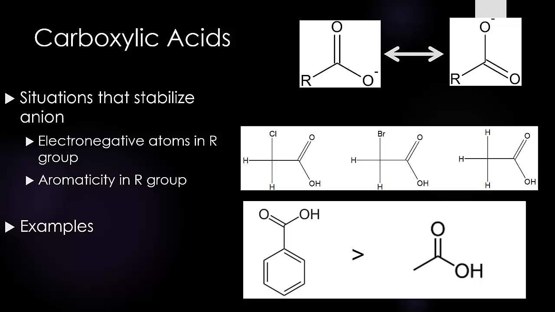And therefore, the acid with the attached chlorines is the strongest because the conjugate base is the most stable. Now let's look at acetic acid when compared with benzoic acid. The benzoic acid has an aromatic R group, making the conjugate base more stable, and therefore it is the stronger acid.